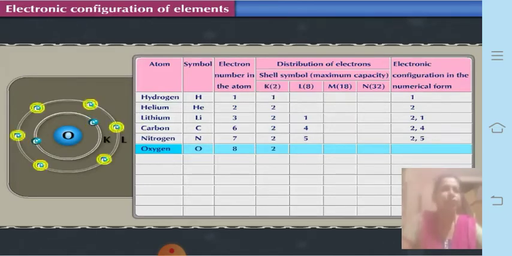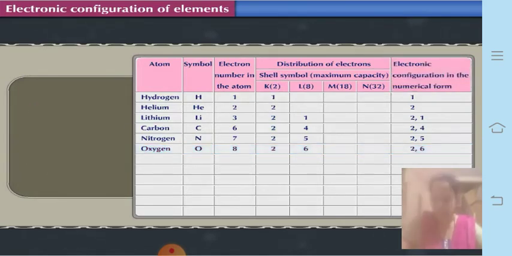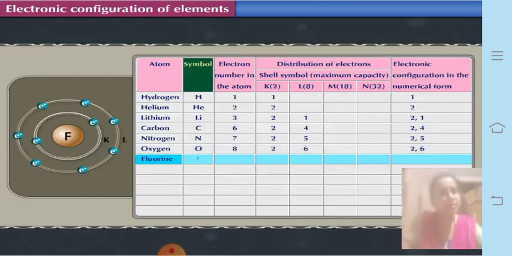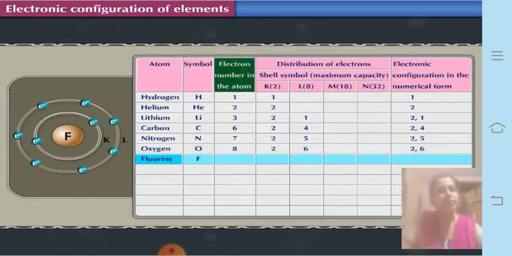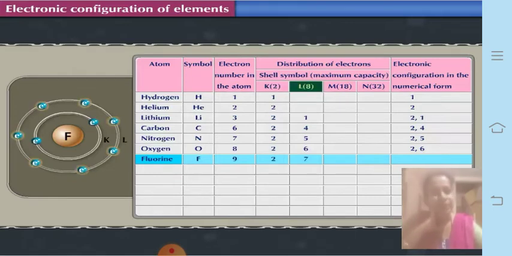So the electronic configuration becomes 2, 6. Then we have fluorine, whose symbol is F and its number of electrons is 9. So it will be K 2, L 7, and its electronic configuration will become 2, 7.